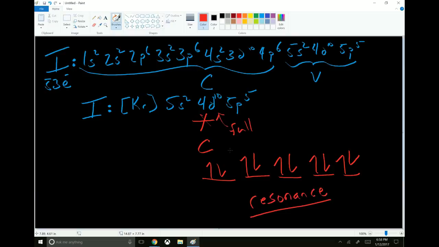Okay, so really, this is valence and this is valence, and the D subshell here for iodine over in the P block is an honorary core. Basically, we have to show it over here on the right because it is not part of the krypton abbreviation, but it doesn't participate in chemical reactions.